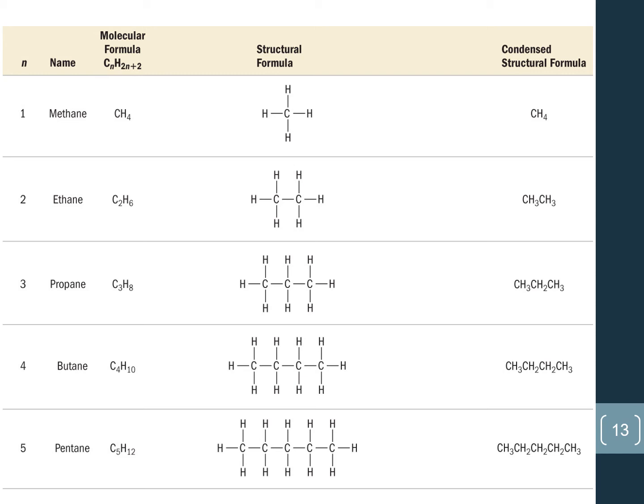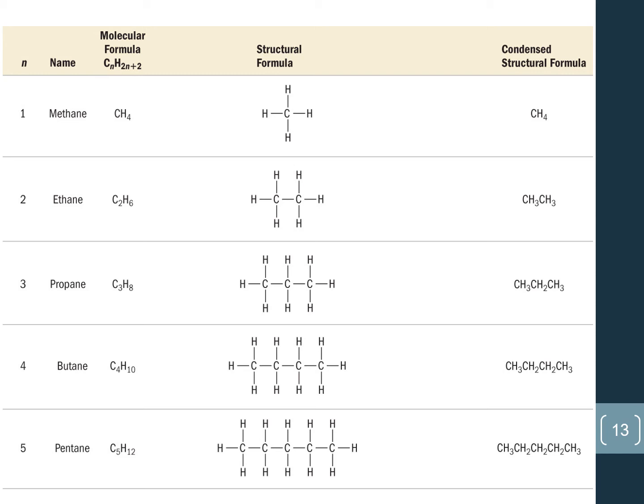A little bit more about your hydrocarbons. In this table here, I'm showing you different hydrocarbons, but the important part is the information that the name is giving you. You see, the first one that you have right there, N1, means that you have just one carbon.